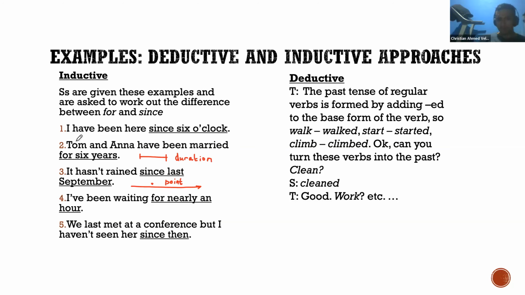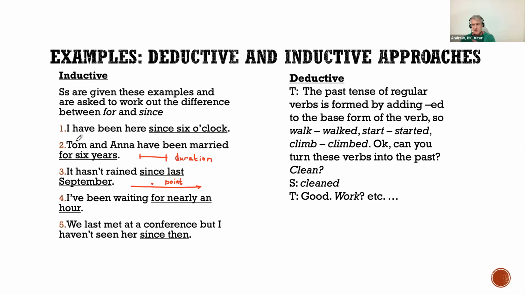In the middle. Well, kind of, because first of all, we give them the examples, right? And then they try and work out what the rule is, right? And then we elicit from the students, okay, what is the rule?